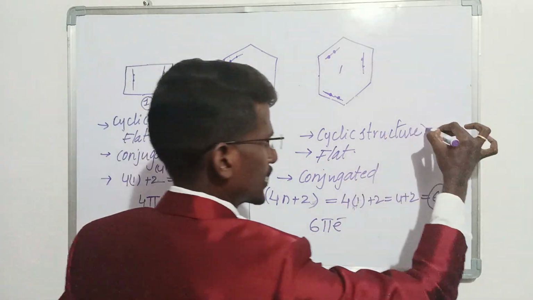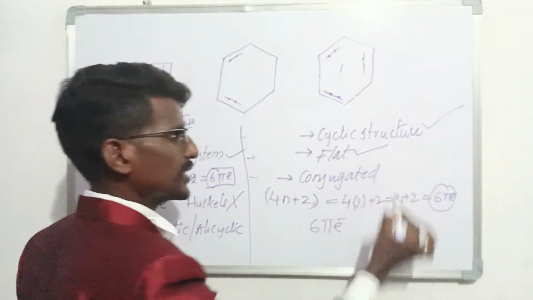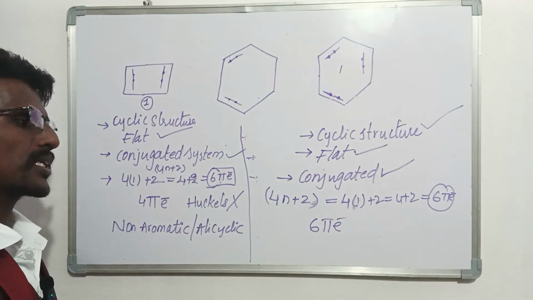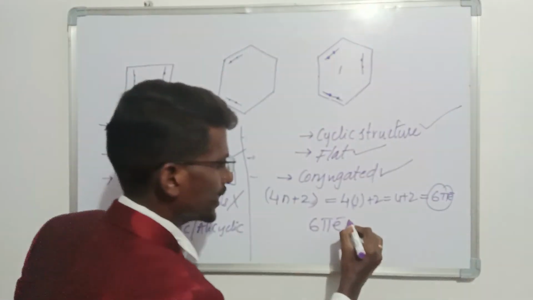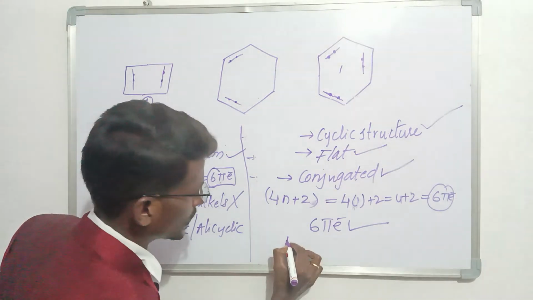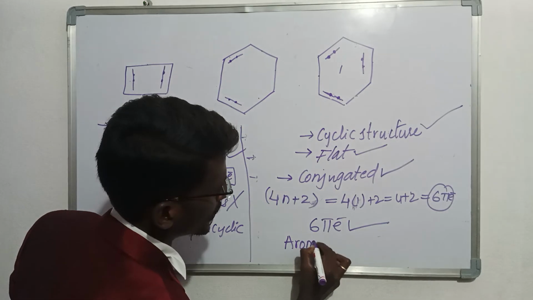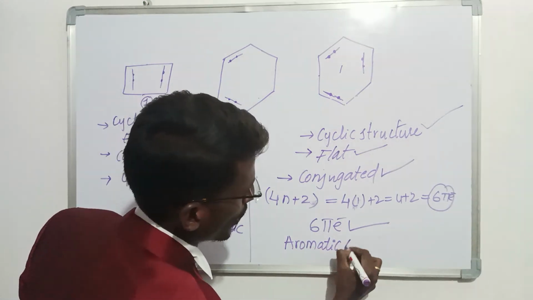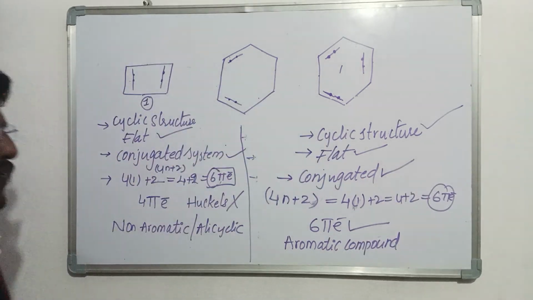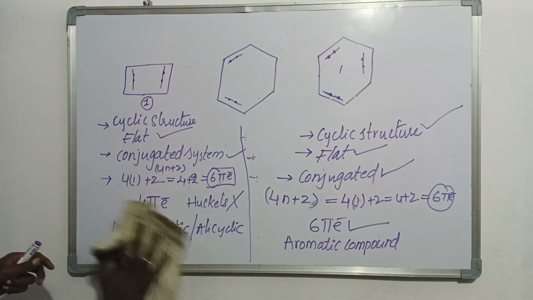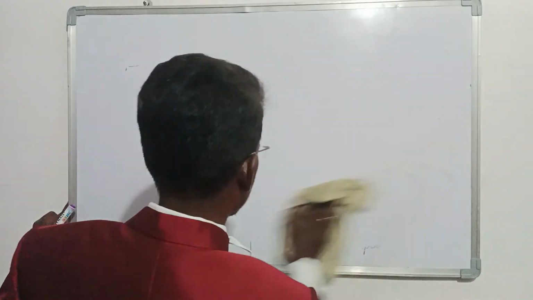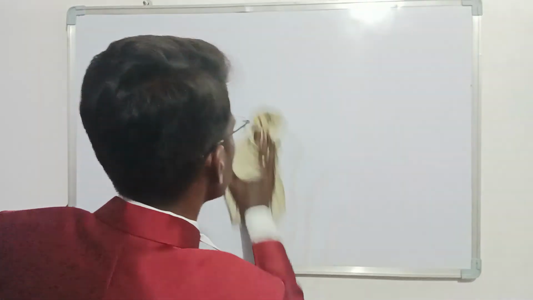So it has a cyclic structure, it is flat in nature, it has a conjugated system, and it has 6 pi electrons, hence it is an aromatic compound. We'll see one or two more examples for aromatic compounds and non-aromatic compounds.